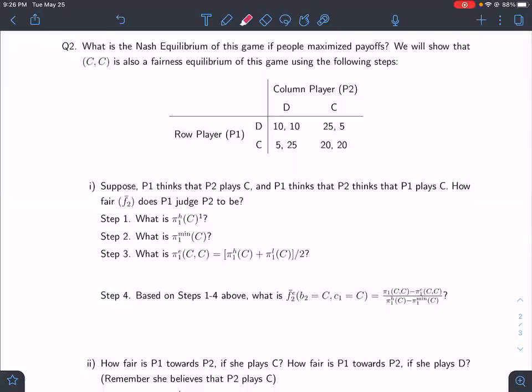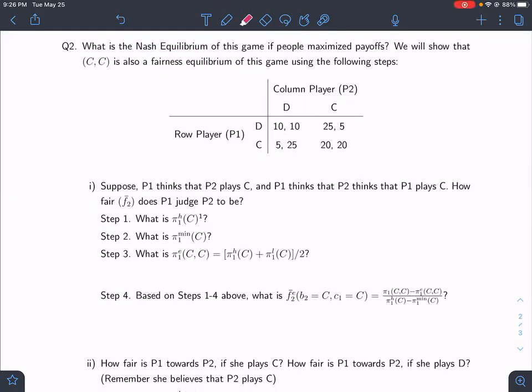So the question is in 2 parts. What is the Nash equilibrium of this game? Show that CC, these 2 actions, these 2 strategies, is also a fairness equilibrium of this game. The first part is a bit obvious to solve, showing what is the Nash equilibrium of this game.